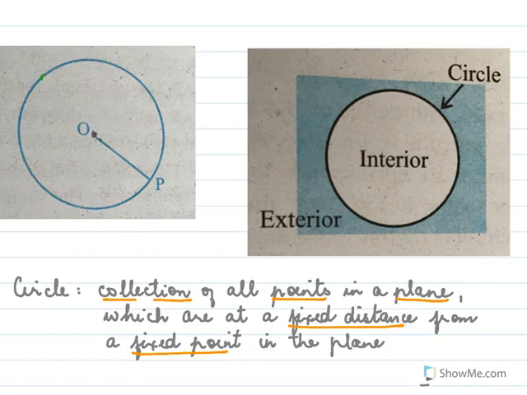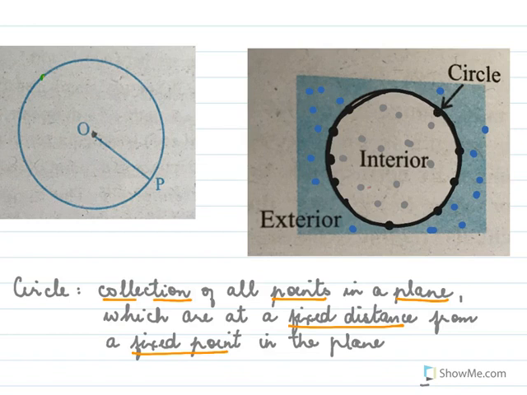The next point is, when we draw a circle on a plane, the points in the plane get divided into 3. You have points that are in the exterior, like this, of the circle. Then you have points that are in the interior of the circle. And you have points which are on the circle.